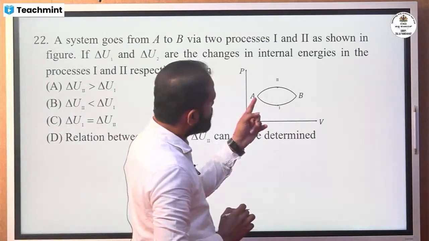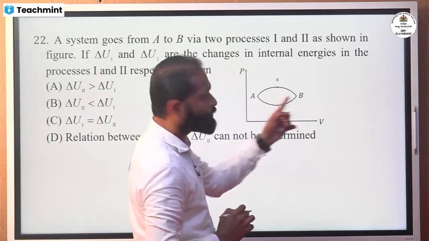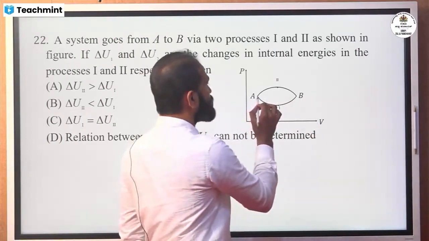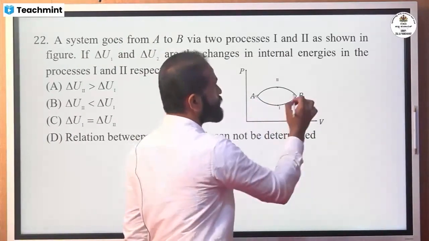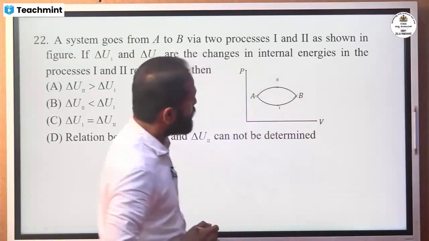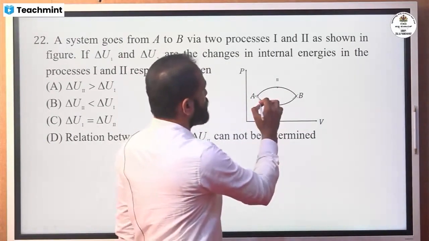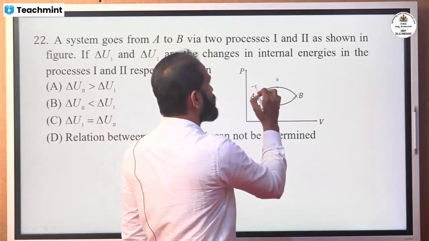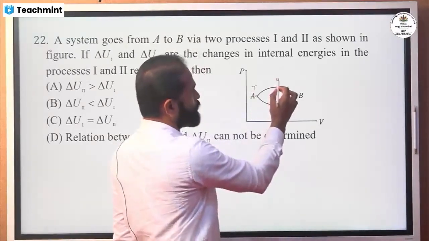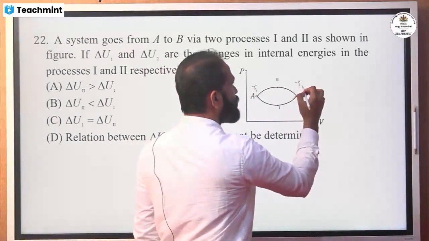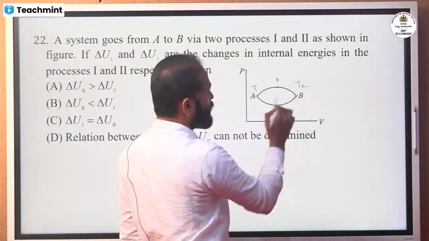For both process 1 and 2, the initial conditions as well as the final conditions are the same. So the temperature at A for process 1 and 2 is the same, and the temperature at B for process 1 and 2 is also the same.